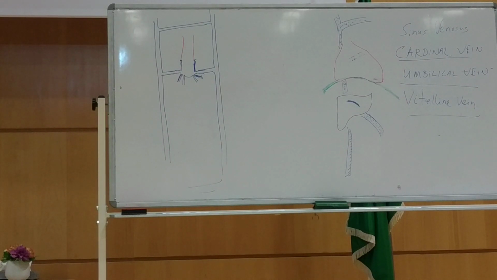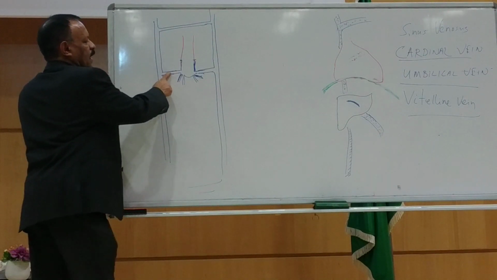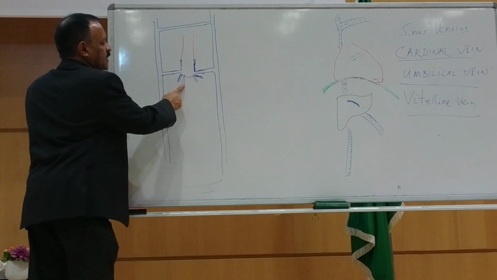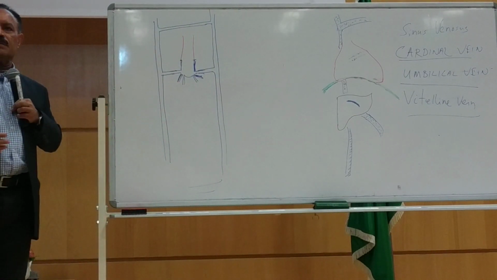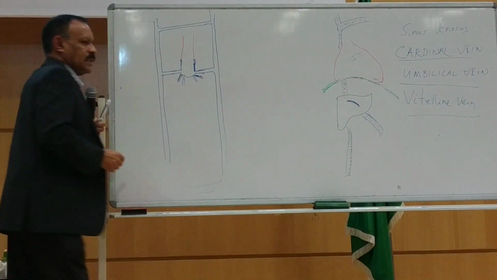Actually, it is the origin of the venous system. In that, there are 3 important veins joined on either side. One is called the cardinal vein. This is the right cardinal vein. This is the left cardinal vein. This is the umbilical vein. This is the vitelline vein. Vitelline means it is coming from the intestine. Okay? And the umbilical vein, you know, carries the oxygenated blood.